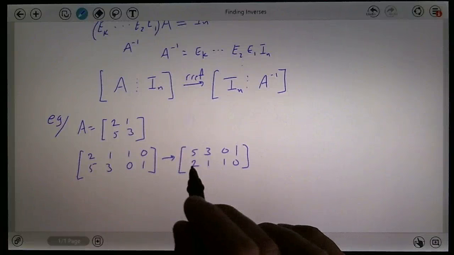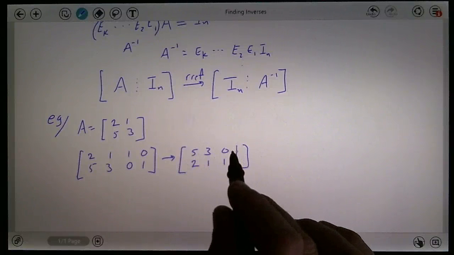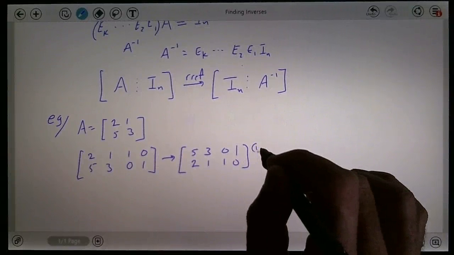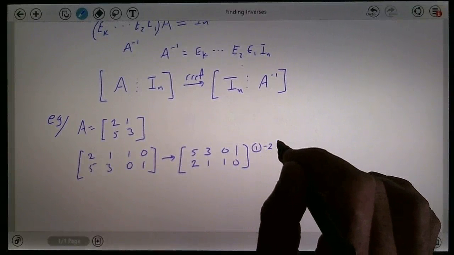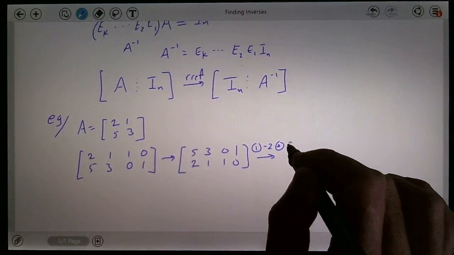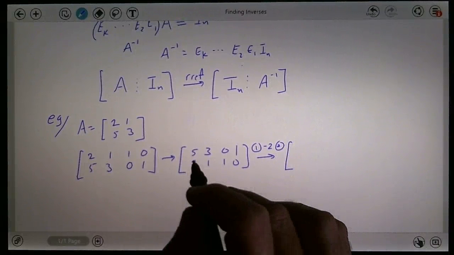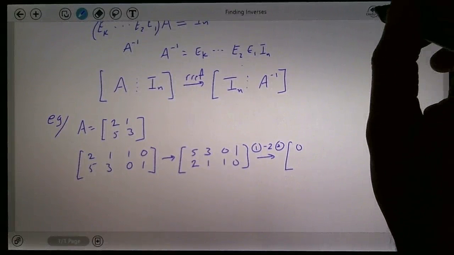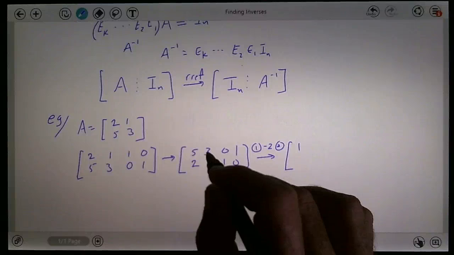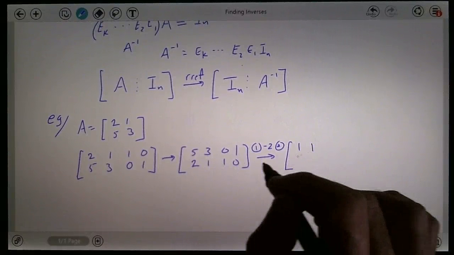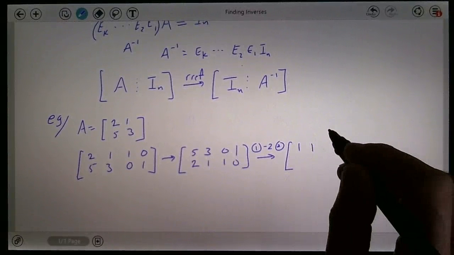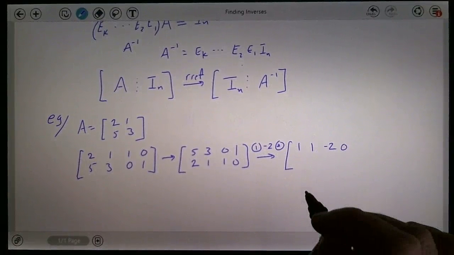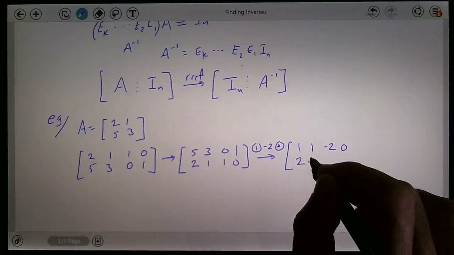So now I'm going to replace row 1 by row 1 minus 2 times row 2. That would be 5 minus 4, which is 1. That would be 3 minus 2. That would be 0 minus 2. And 1 minus 0. This I'm still leaving alone.